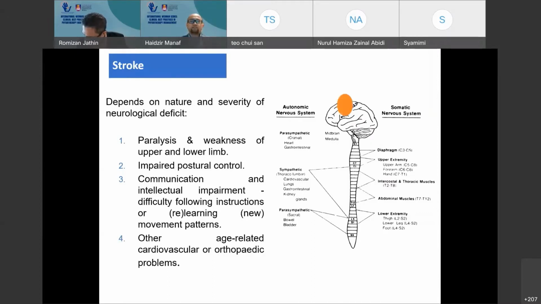Some of them might have communication and intellectual impairment that may cause limitations or difficulty to follow instructions and difficulty to relearn new movement patterns. Other factors such as age-related cardiovascular or orthopedic problems may cause patients to delay their rehabilitation program.